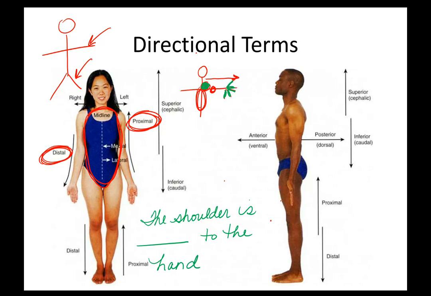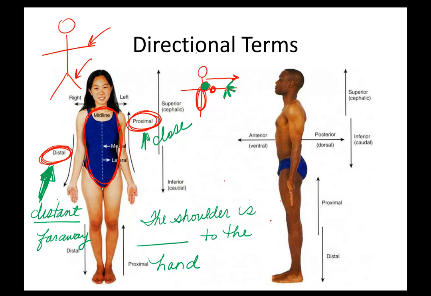Okay, so distal. What does that sound like to you? What word does it sound like? It sounds like distant, right? So distal means far away. Proximal, I always think of approximate, like it's close enough. So when I think of proximal, I think close. So is the shoulder closer to the torso or is it further away than the hand?